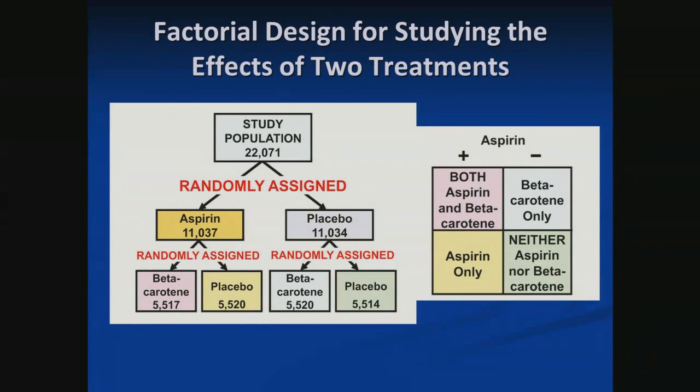So in this case, you'd want to keep them in the study for the beta-carotene part. But I think Todd's point is, if all of a sudden you see a beneficial effect from aspirin, your groups are now beta-carotene versus placebo, 10,000 in the beta-carotene and 10,000 in the placebo, and then the people that were initially in the aspirin placebo arm, right.